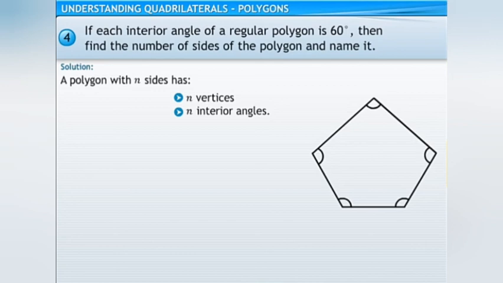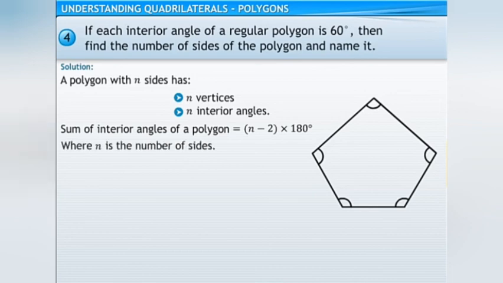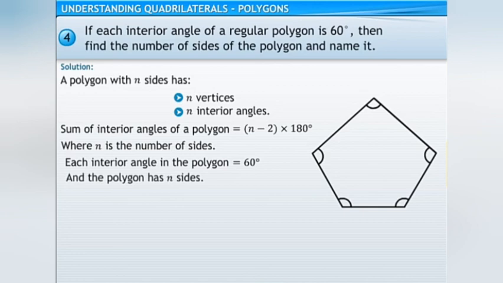To find the number of sides of a polygon, we will use the angle sum formula. The sum of the interior angles of a polygon is (n-2) into 180 degrees. A polygon having n sides has n angles. Therefore, the sum of the interior angles of a polygon is n multiplied by 60 degrees.